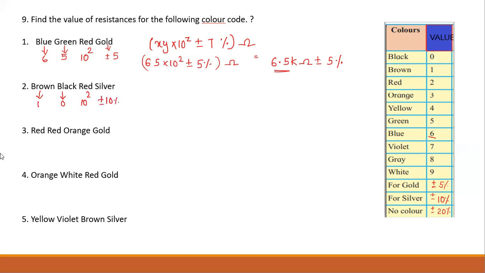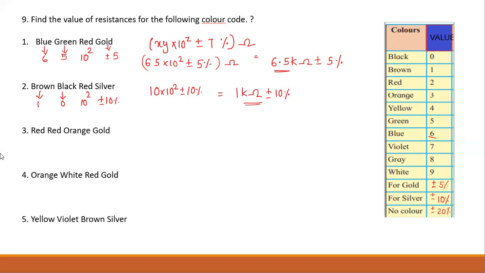So we can write this as 10 into 10 raised to 2 plus or minus 10%. That is equal to 1000, so this one we can write as 1 kilo ohm plus or minus 10%. This is the value of resistance.